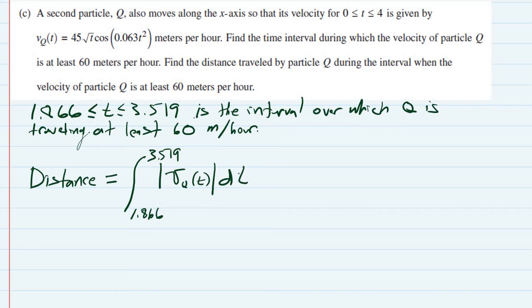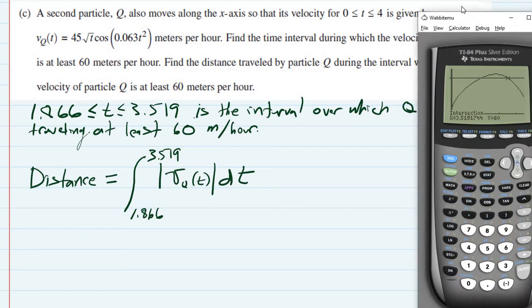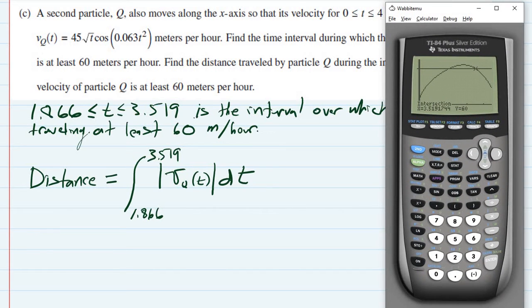I'm going to use my calculator to do it. So I'll pull my calculator over. We'll go back to the main screen. We're going to do math number 9. We're going to integrate from 1.866 up to 3.519.